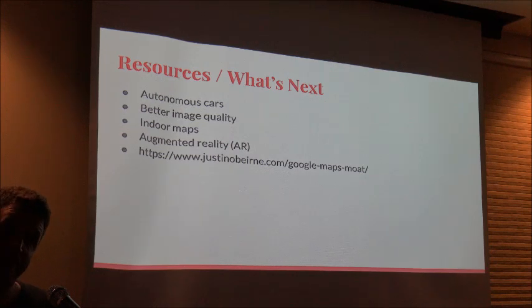Indoor maps are coming. For specific locations like airports and so forth, they already have this, where they actually map the inside of the building. It's mostly for Google Maps, so if you're walking around in the building, they can help you find your way.